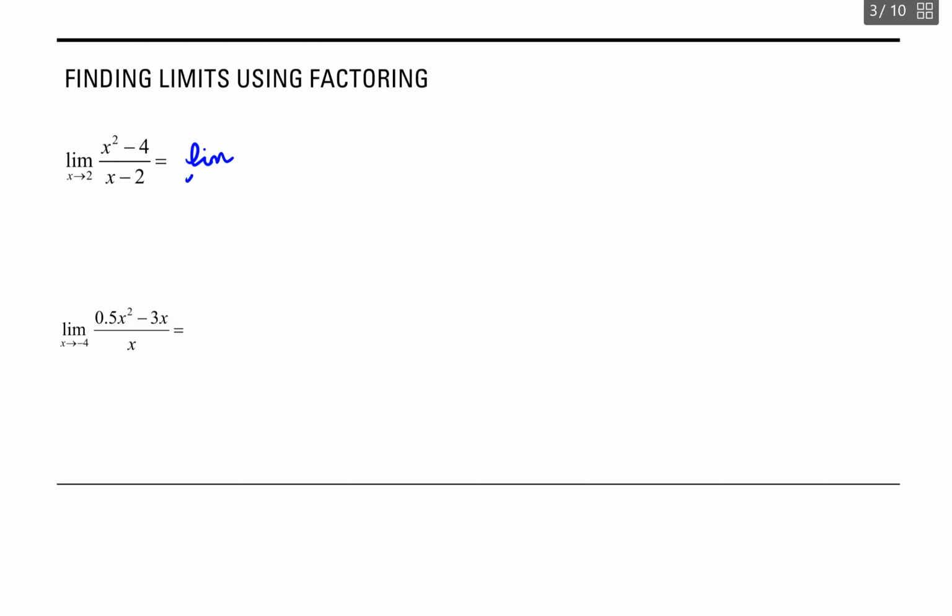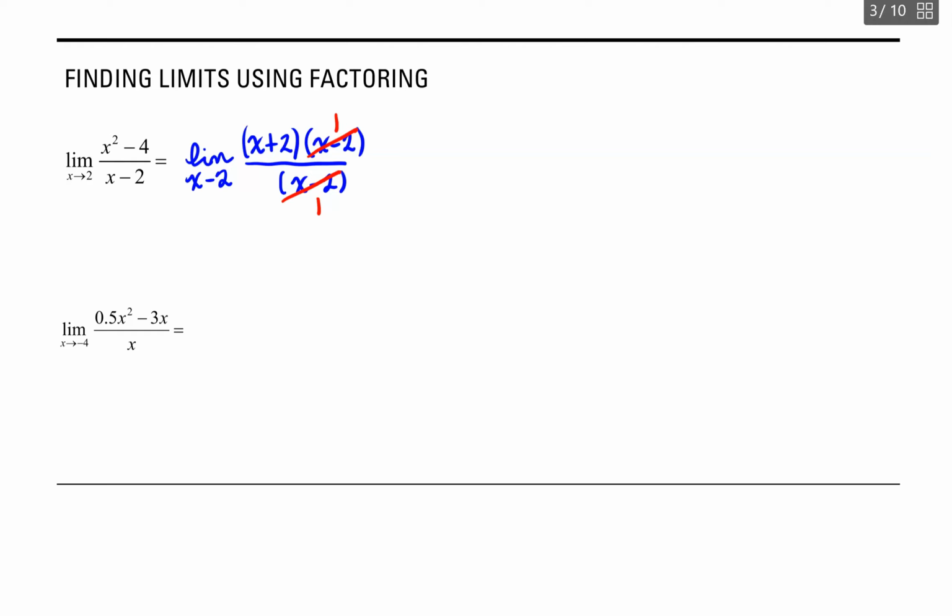So we would have a limit as x approaches 2, and our numerator factors to x plus 2 times x minus 2 over x minus 2. Now notice that we have a common factor of x minus 2.